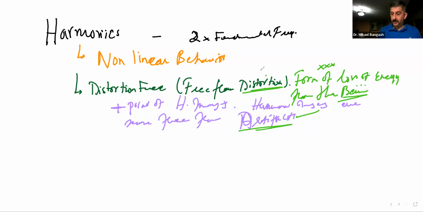So two main things are relevant when we talk of harmonics. First of all, harmonic imaging is produced as a result of harmonic frequencies, which will be twice your fundamental frequency.